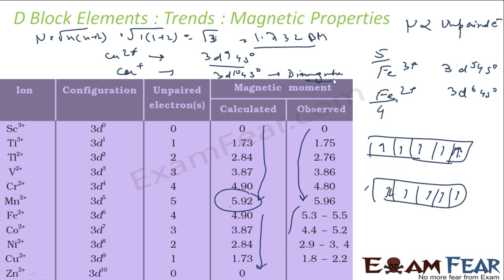Cu plus is diamagnetic, but Cu2 plus is paramagnetic. So it is not always that copper will be paramagnetic or iron will be paramagnetic. For a given ion, you have to find the electronic configuration, find the number of unpaired electrons, and then you can confirm whether it's paramagnetic or diamagnetic.